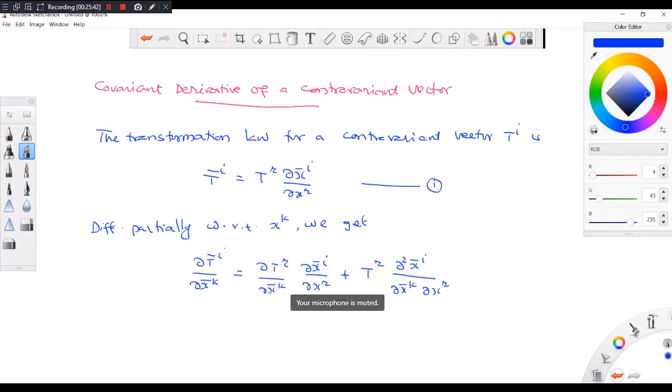So one is having a bar and the other is not, so that is awkward, and you know what should be the next step. You have to change that.